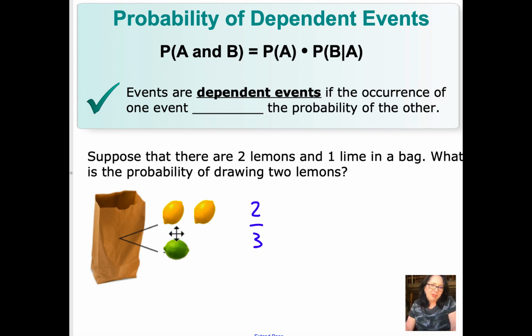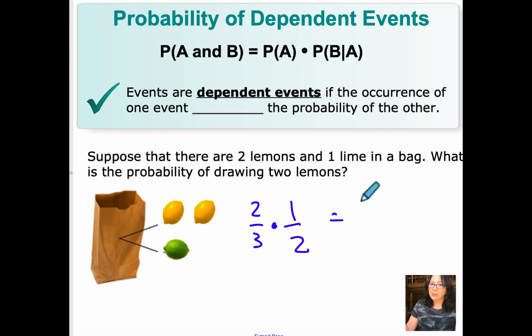I have a 2 chance because I have 2 lemons. Now, if I don't replace that, this is without replacement. This is going to depend on the next value. So without replacement, my next option is now I have 1 less value, and I have the possibility of 1 less lemon. So now my next probability is 1 out of 2.